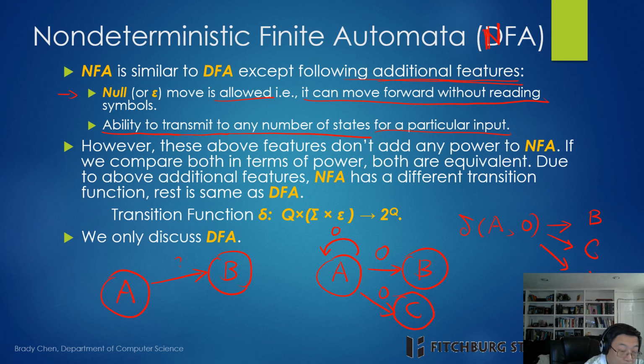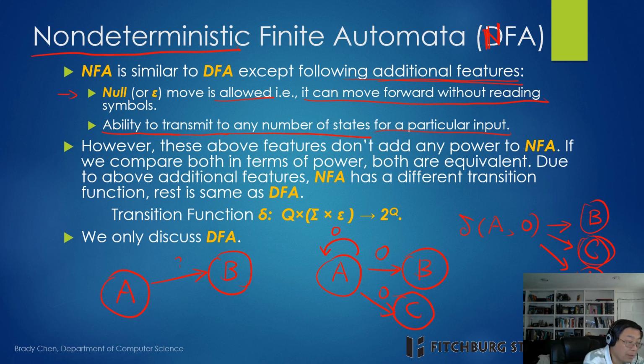The possible next state could be A, could be B, could be C. That's the reason why we call it non-deterministic finite automata. It sounds weird, right? But it is a finite state machine. It's a finite automata, and it has its advantages and disadvantages.